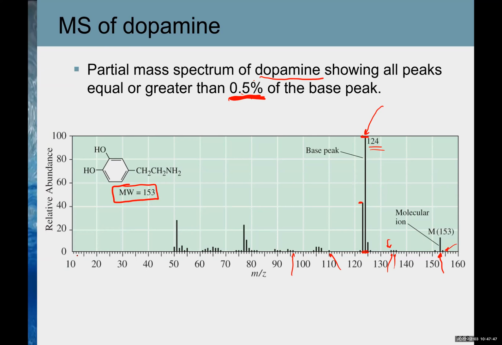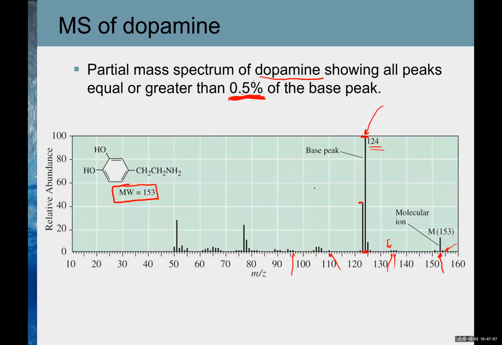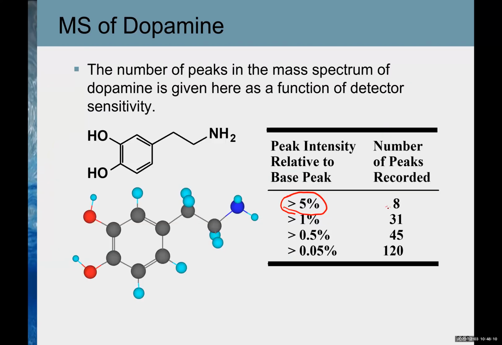Why is it done so? Let's look at this one. For the same molecule, if we calculate all peaks above 5%, 5% is here. So above 5%, we get only 1, 2, 3, 4, 5, 6, 7, and maybe this one, 8. So we only get 8 peaks.